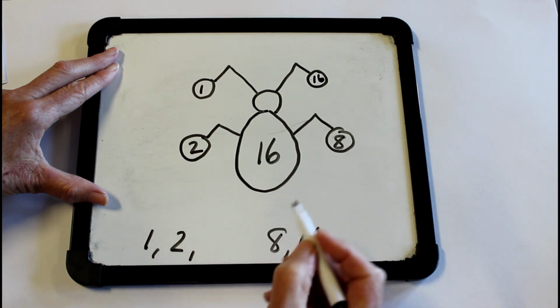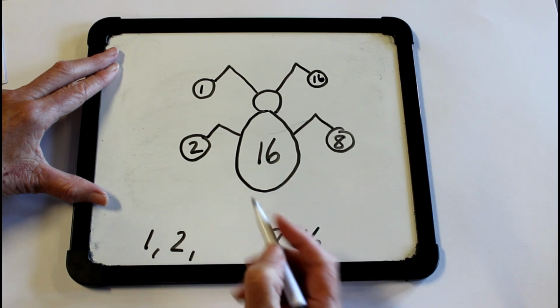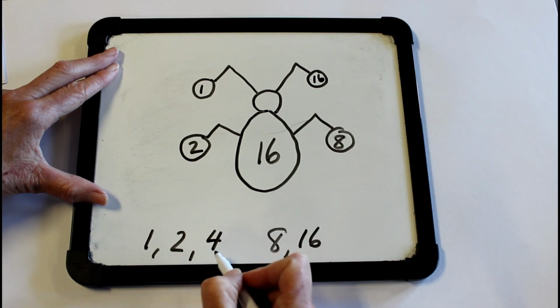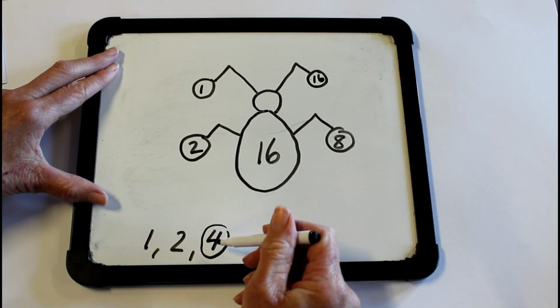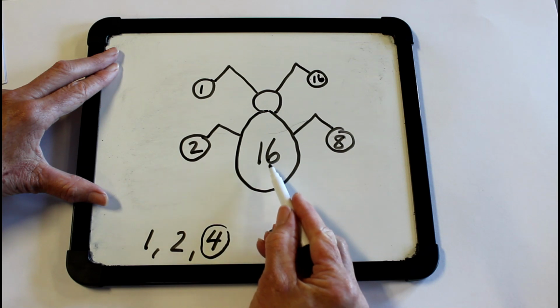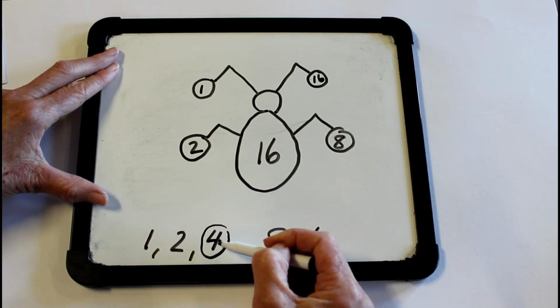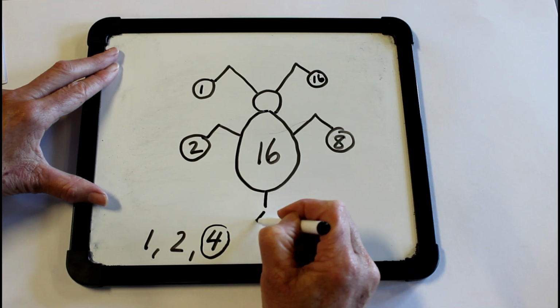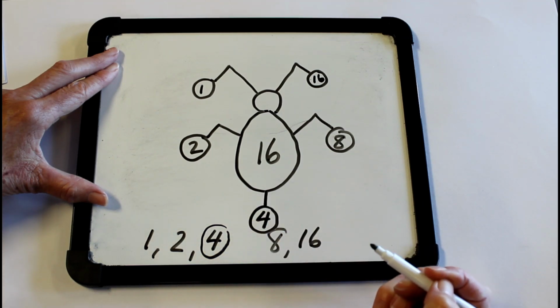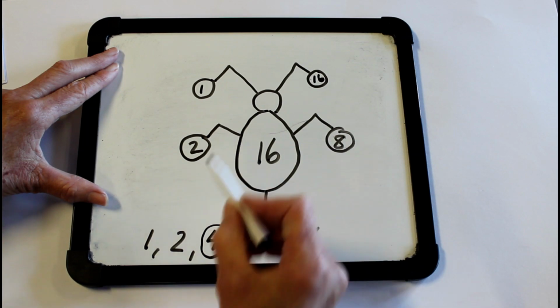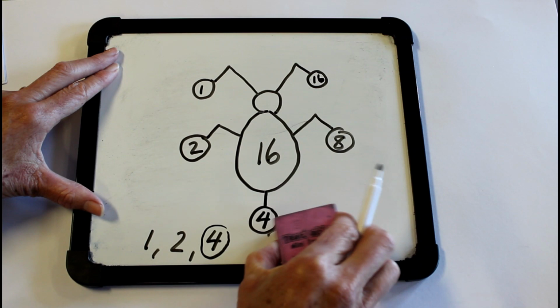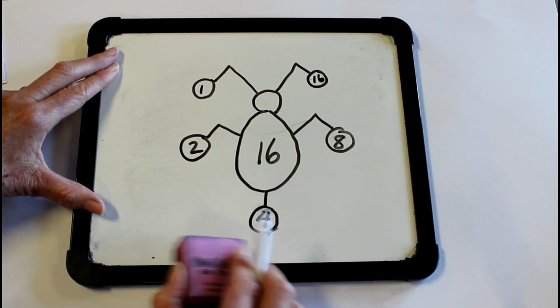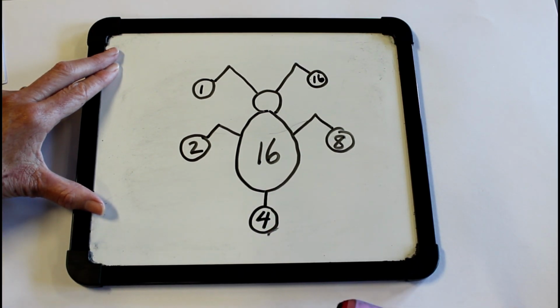I'm wondering if 3 times with anything to make 16, but 4 does. Now 4 times with itself. So when there's a number that times by itself to get that, so it has a factor that's times by itself, that is a tail. So on this one, we have a tail, which is 4. But they are the only factors of 16. So this particular bug looks like this. That's our factor bug for 16.